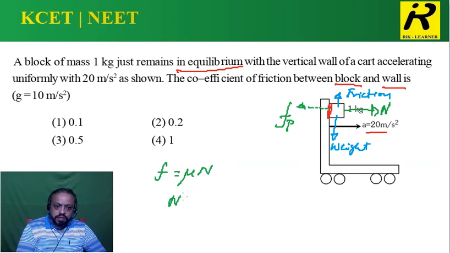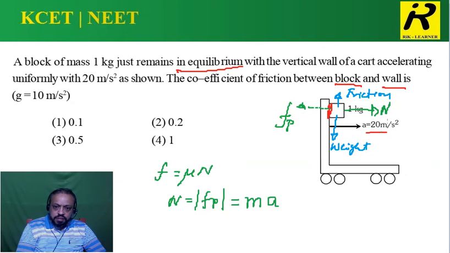Then how can we write this N? N is equal to the magnitude of the pseudo force. Definitely we have no expression for the pseudo force, but we can write it like this: mass of the block into the acceleration in the opposite direction. So pseudo force is acting to the left, whereas the acceleration is acting to the right.